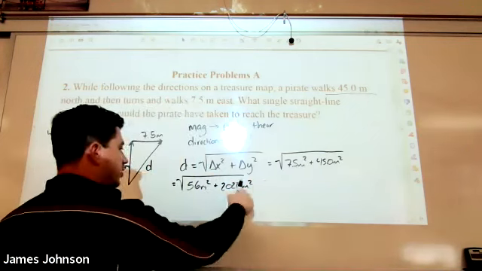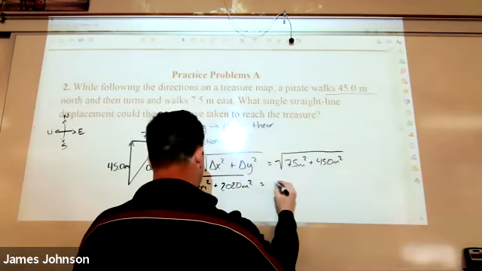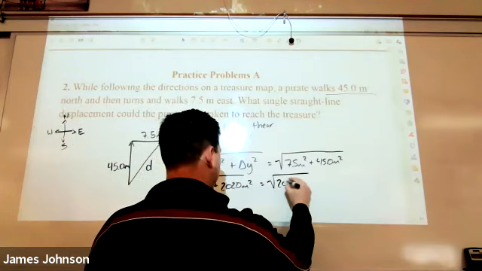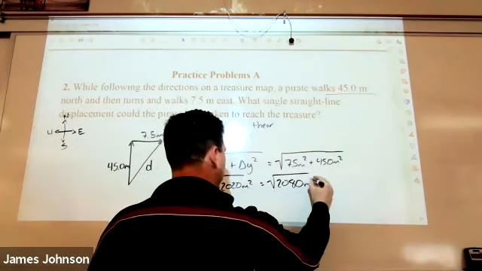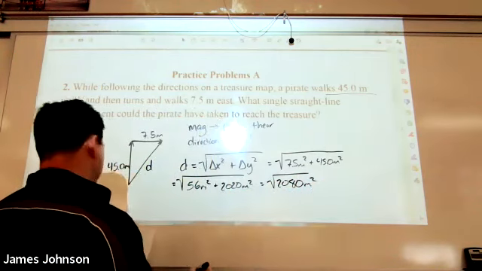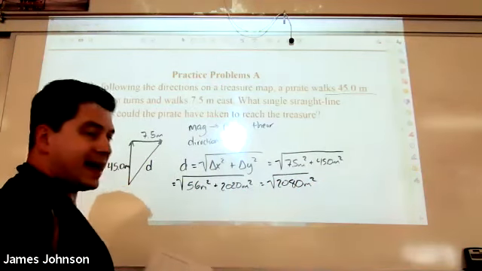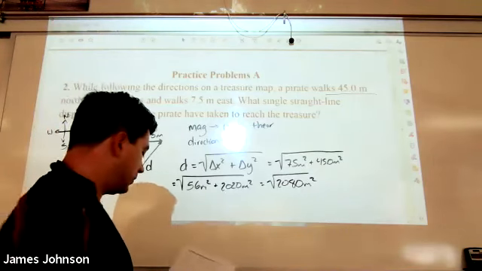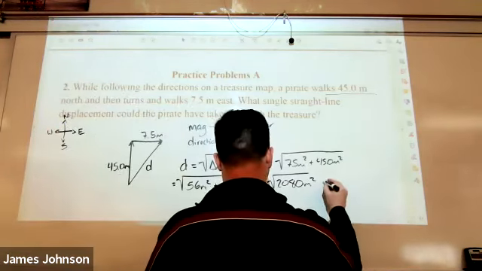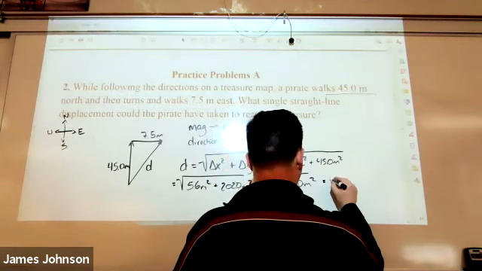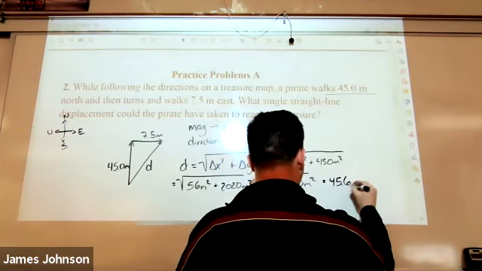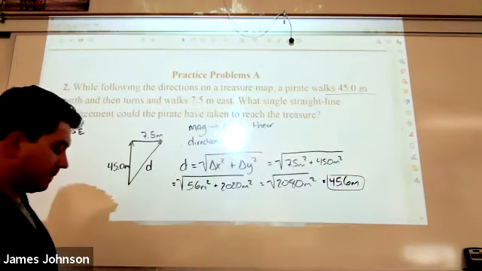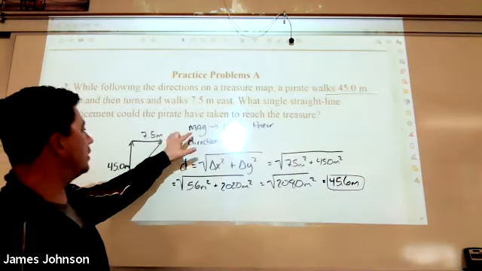They have like units, so I can add them together, and I end up keeping the radical for now. 2,080 meters squared. Now simply plug that into the calculator, square root it, and I end up with 45.6 meters. Okay, so that's only the magnitude.